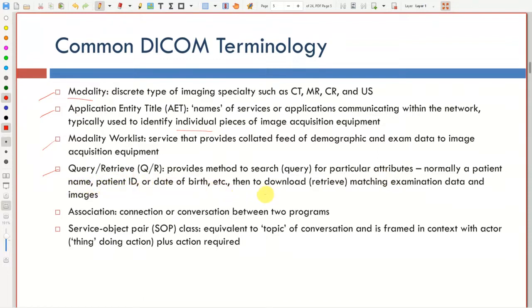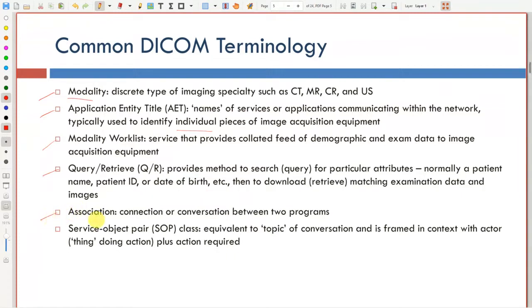Say you're looking for a certain study: you have your data stored as DICOM images, and you want the images that correspond to a certain study for a certain patient. You can do queries using any of these attributes to find that study.